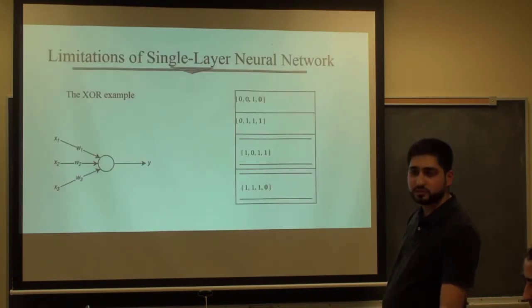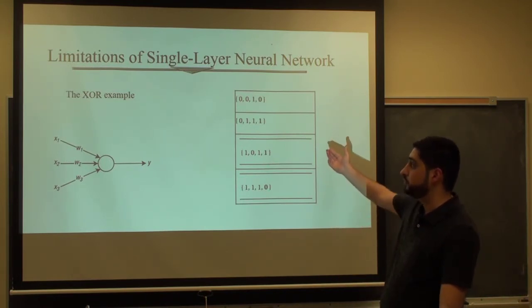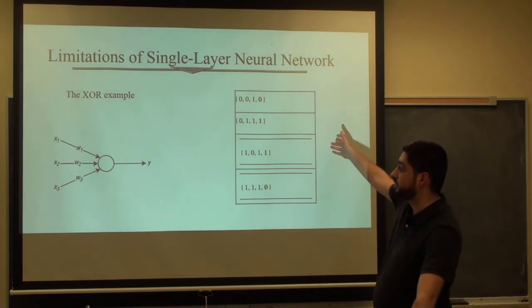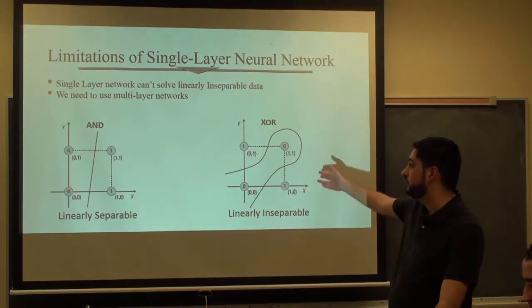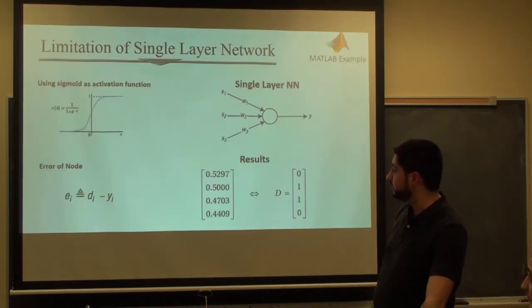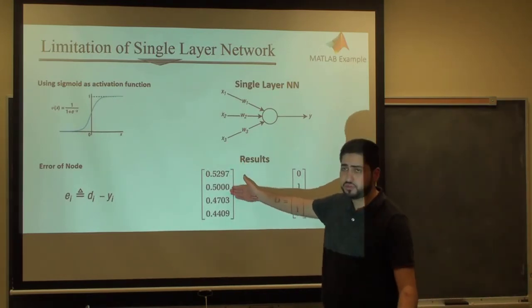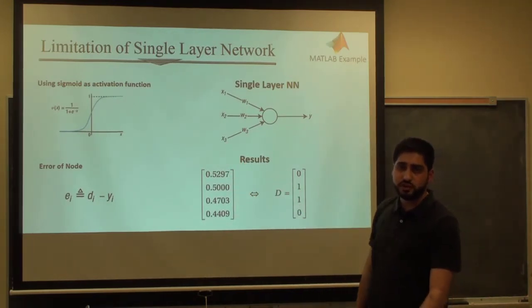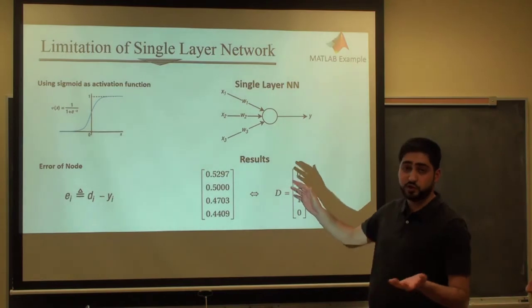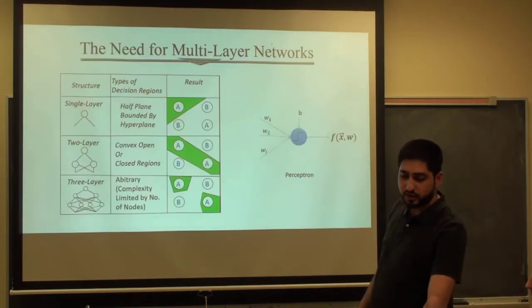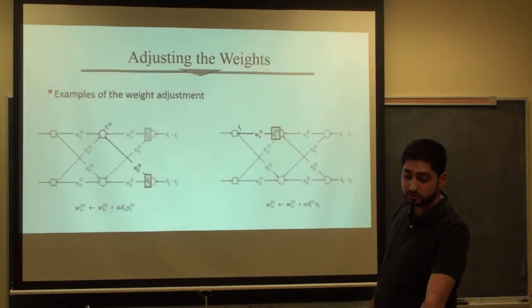So okay. If we recall this example, we used a single layer to solve the XOR gate, which is this one. As we saw by the result, it failed. It gave us the wrong result. So now we need to implement whatever we learned and use multiple layers to solve this problem.